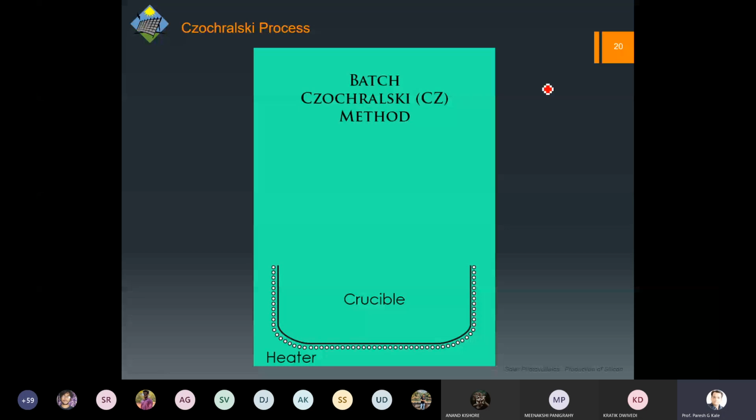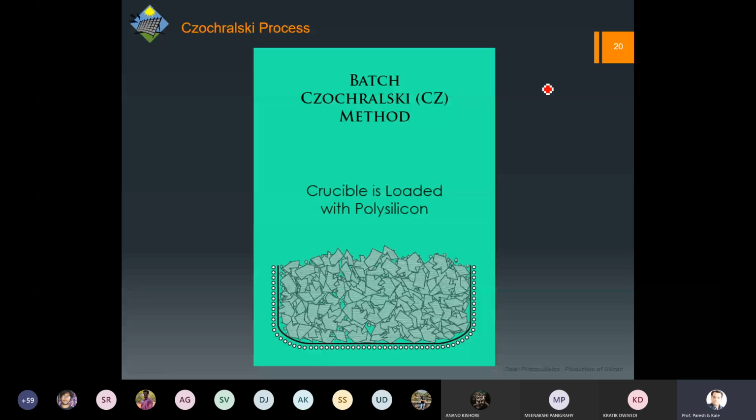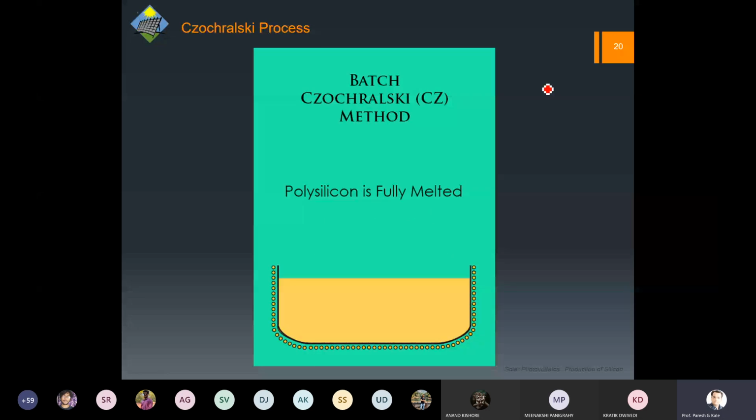I can show you this process with this GIF. You have a crucible. It is loaded with the polysilicon which we obtained in the previous step. Even some recycled material can be used. It is completely melted, so you have polysilicon melt. You use magnetic fields so that you do not add any impurity.